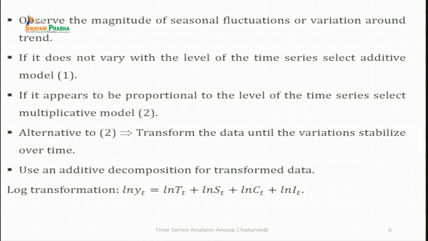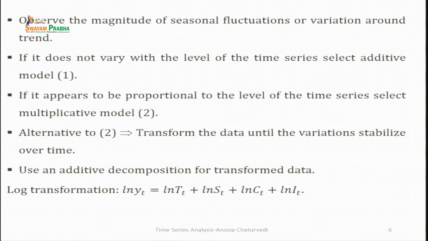Now, if it does not vary with the level of the time series, select additive model, and if it appears to be proportional to the level of the time series, then you have to go for multiplicative model. Well, I will explain these 2 points later on with the time series plots, when to select additive model and when to select multiplicative model.